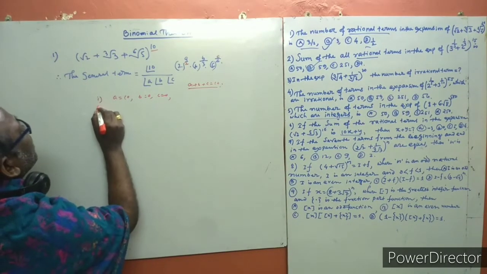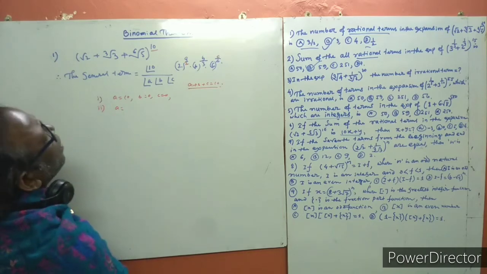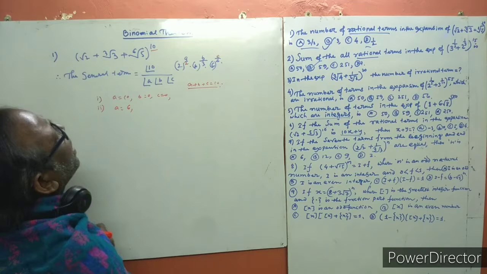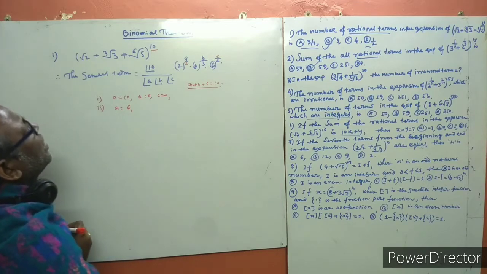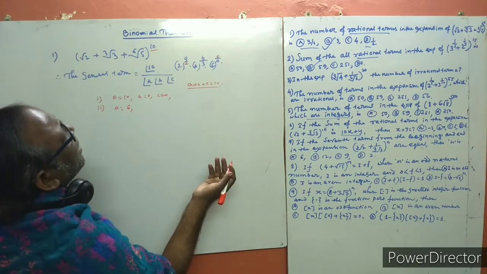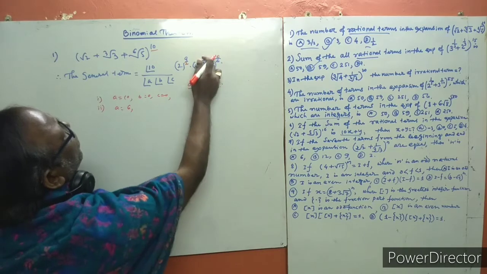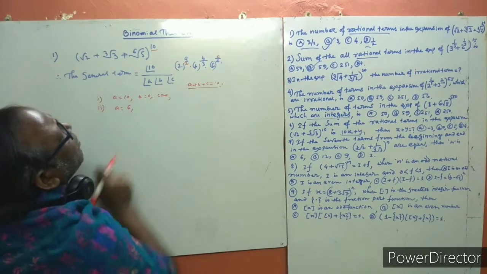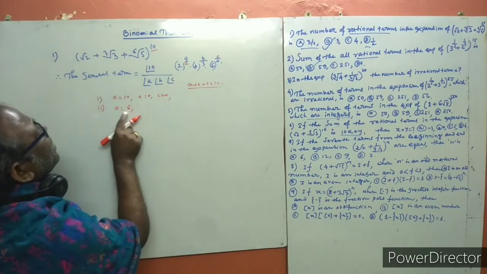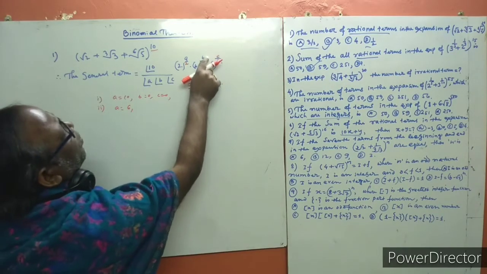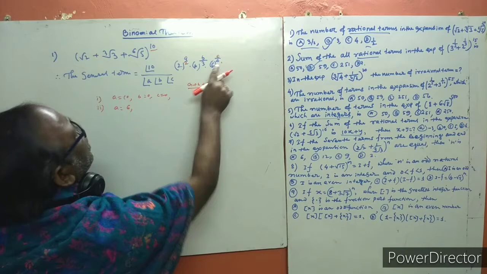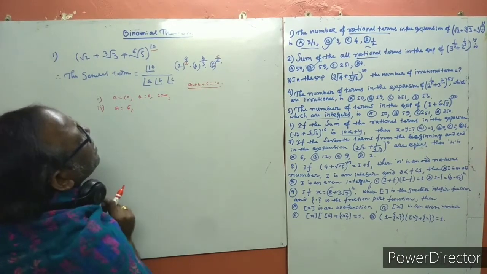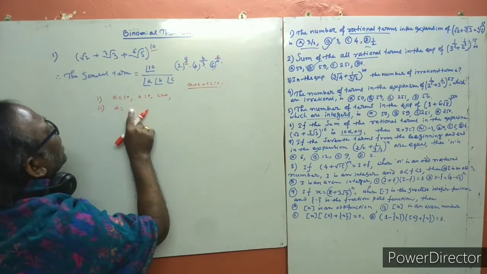Number 2: if we take A equal to 6, then 4 is left, so B as 4 is not divisible by 3, and C as 4 by 6 is not divisible, so we cannot take A as 6 here.